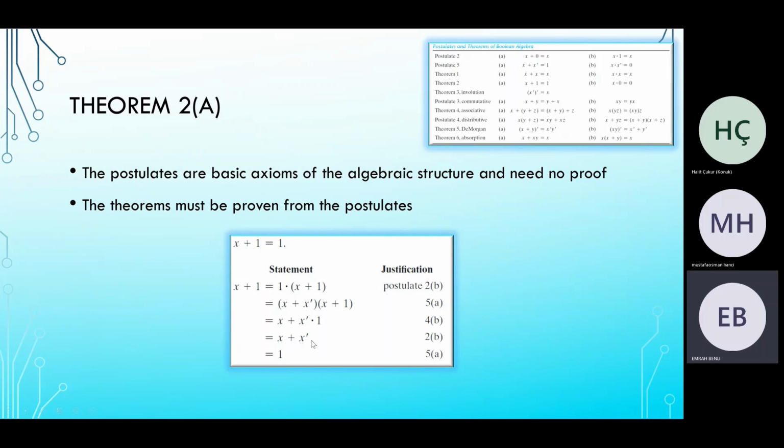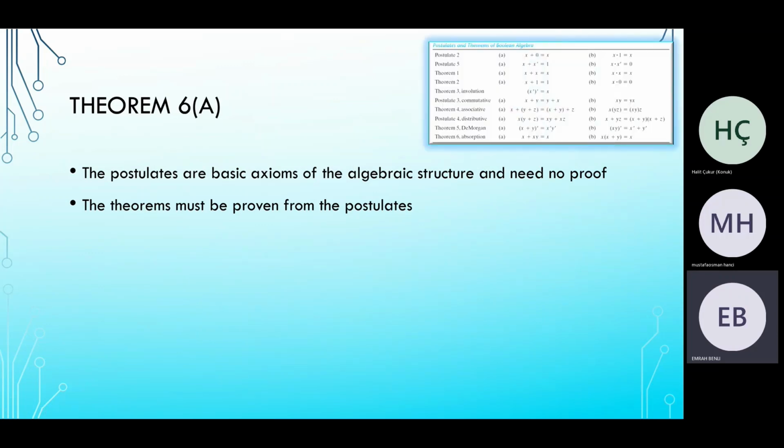We will have x prime from 2b. And x or x prime, which is coming from here, is 1. So that's how we can prove theorem 2a, which is x or 1 is 1.